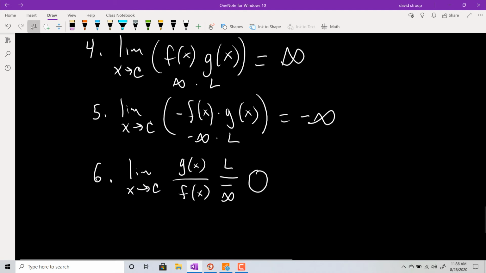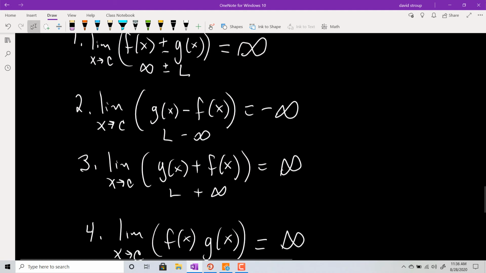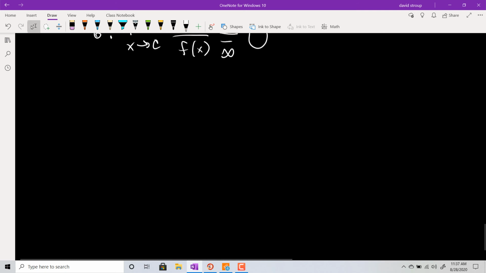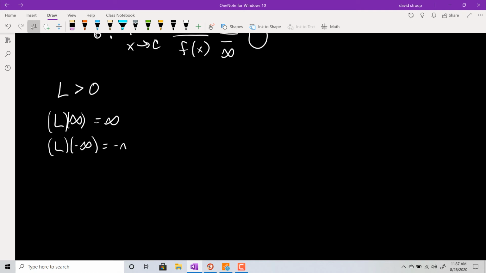Okay, so just to sum it up in terms of all these L's and infinity symbols, let me give it to you. Let's say first L is greater than 0. Okay, so L times infinity will be infinity. L times negative infinity will be negative infinity, or vice versa.